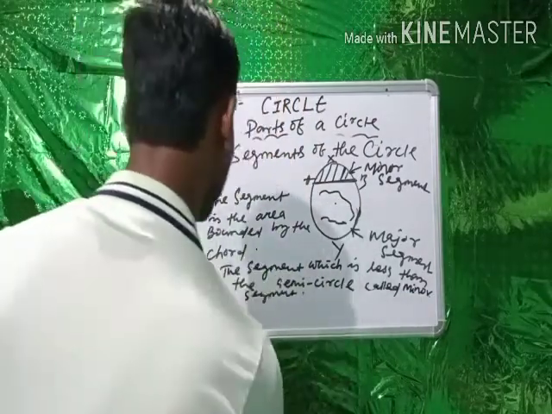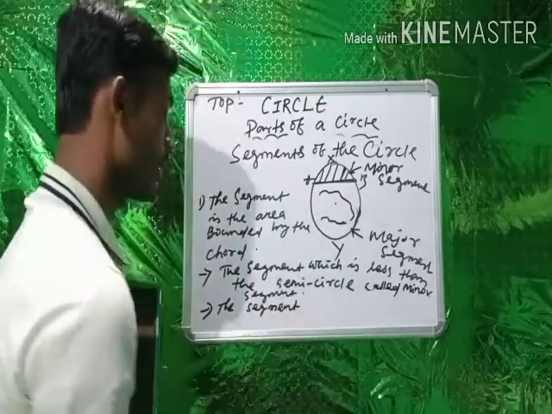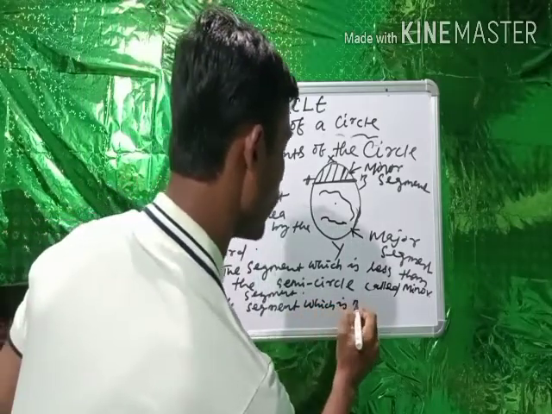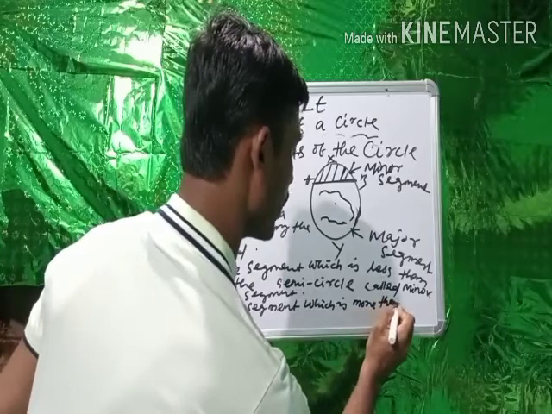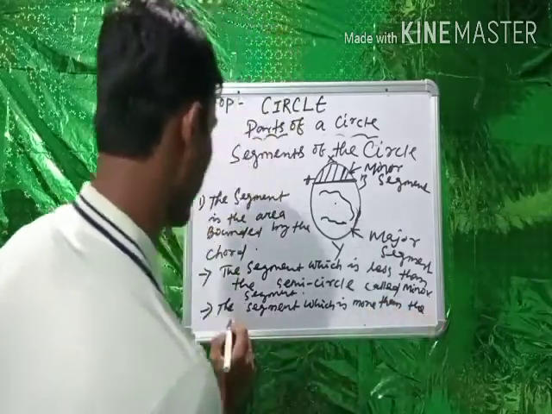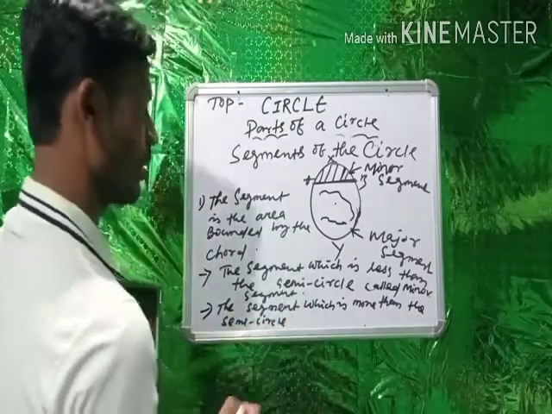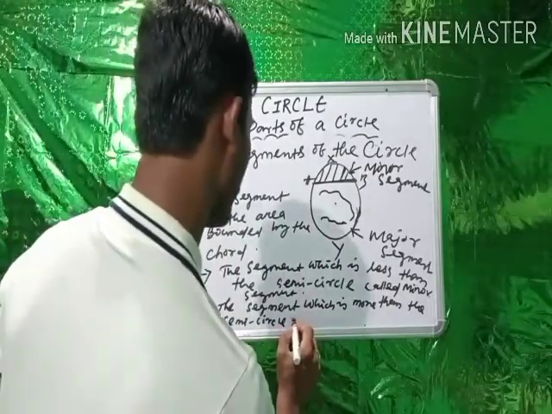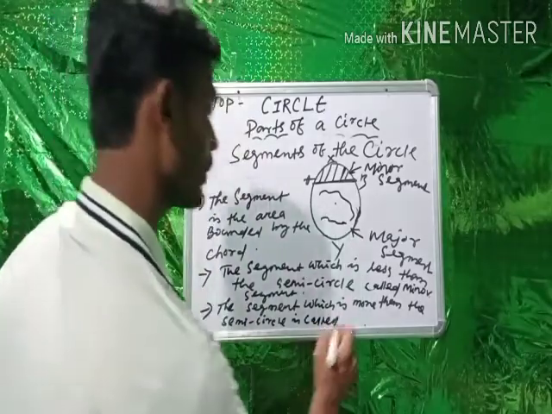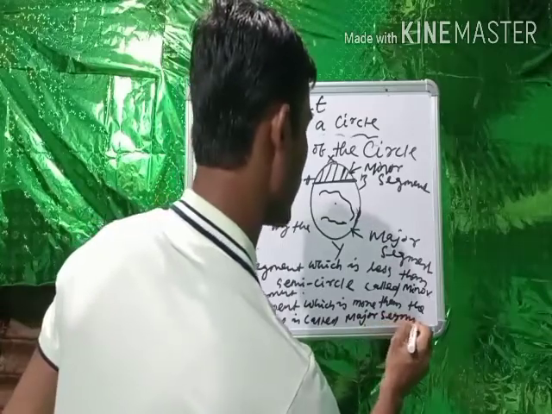But the segment, just look at the segment which is more than the semicircle, is called the major segment. You just understand?